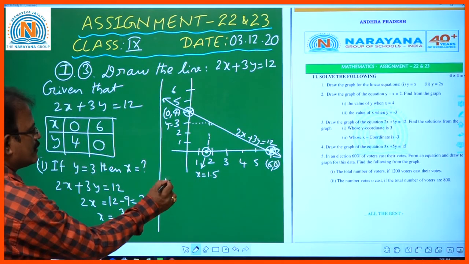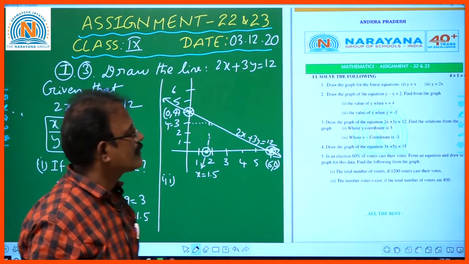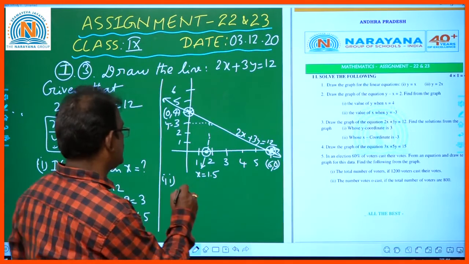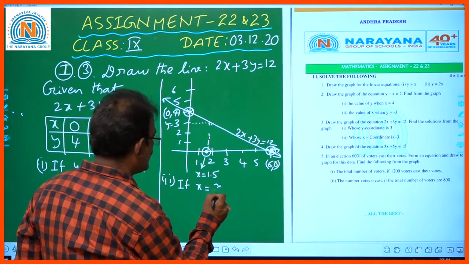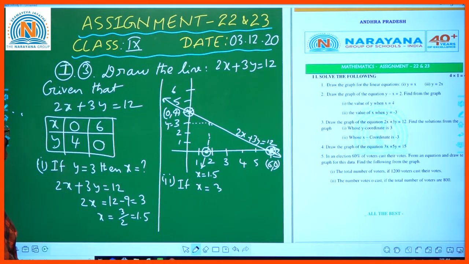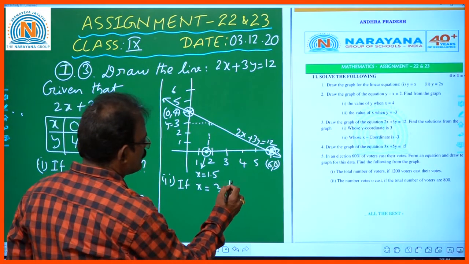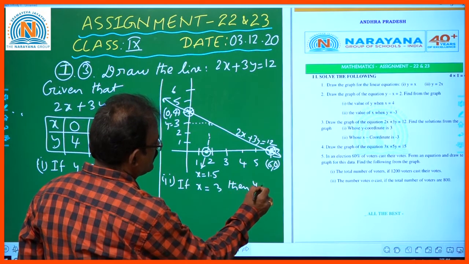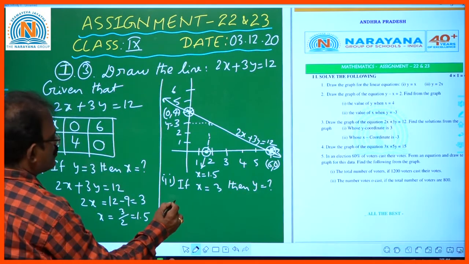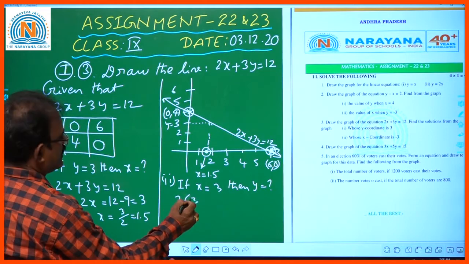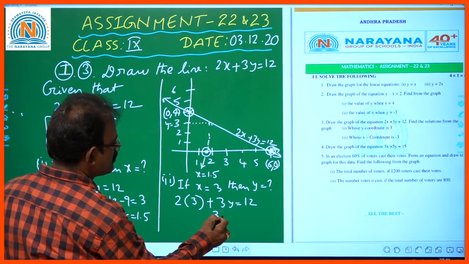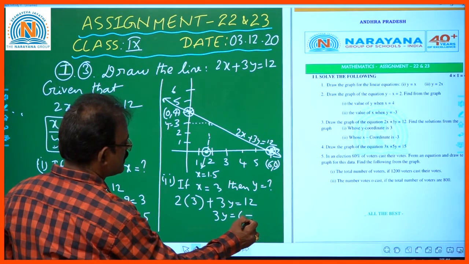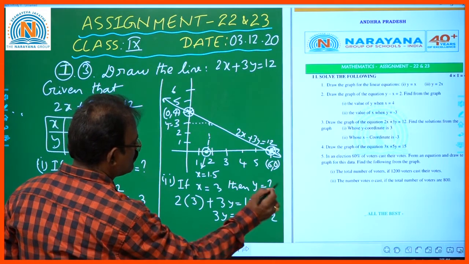What is the second question? The x coordinate is 3. If x is equal to 3, then y is: 2 into 3 plus 3y is equal to 12, 6. 3y is equal to 12 minus 6, 6. Then y is equal to 2.